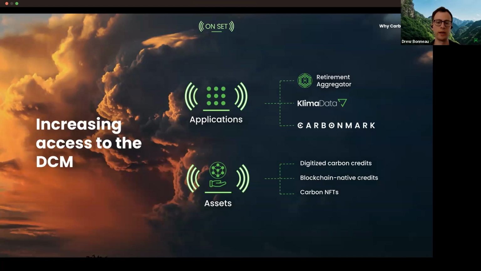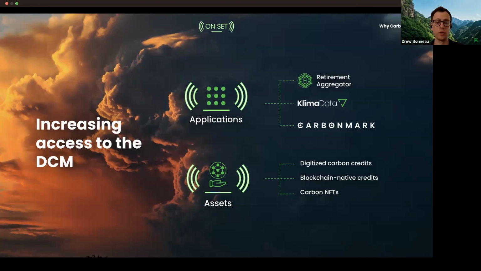As it will be integrated into the analytics dashboard of Carbonmark, this will provide merchants and traders with valuable market insights and is part of our overall vision of creating a seamless experience for interfacing with the DCM. The key to this experience is being able to interface with the blockchain itself.